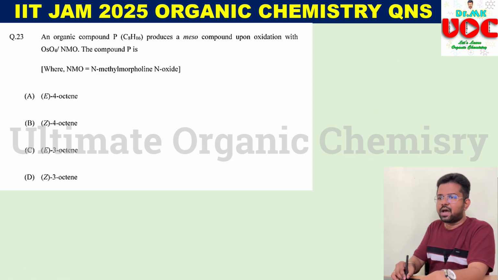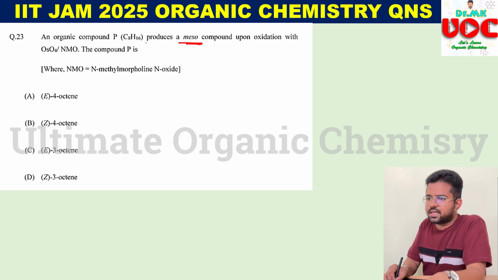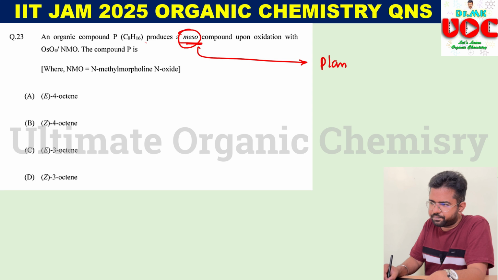Next question, an organic compound P having the molecular formula C8H16 produces a meso compound upon oxidation with osmium tetroxide and N-methylmorpholine N-oxide. The compound P is. Okay. So you know a compound is meso when it has a plane of symmetry.